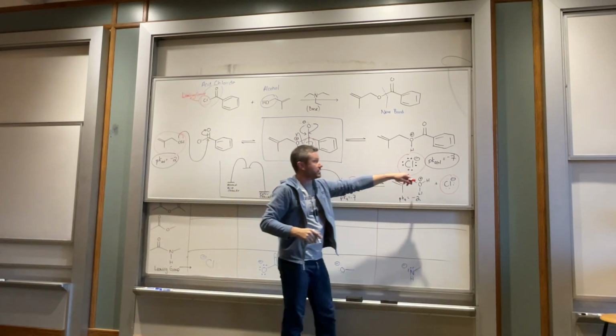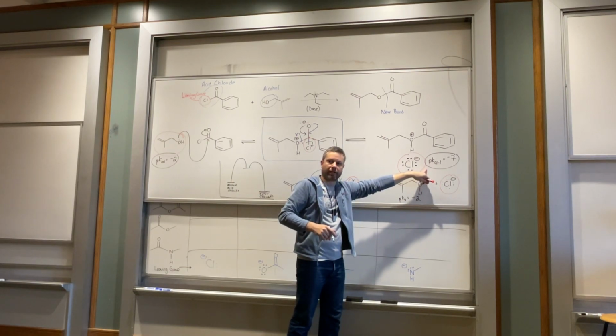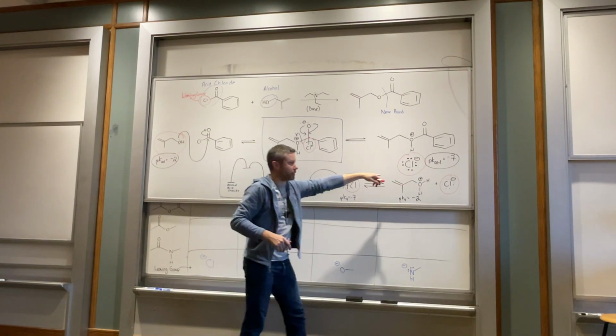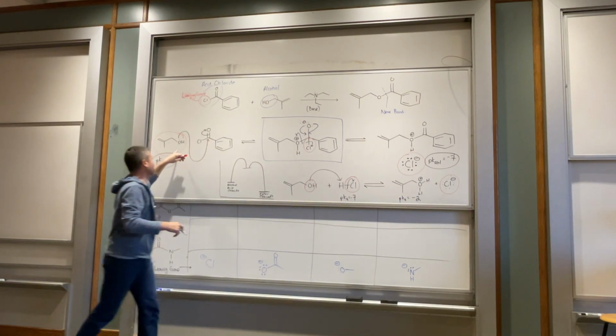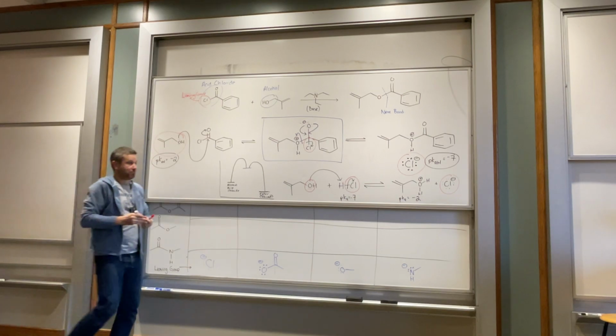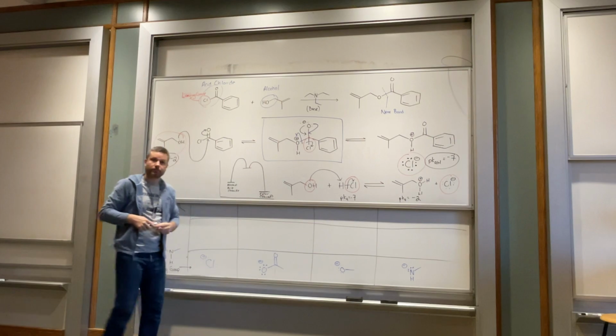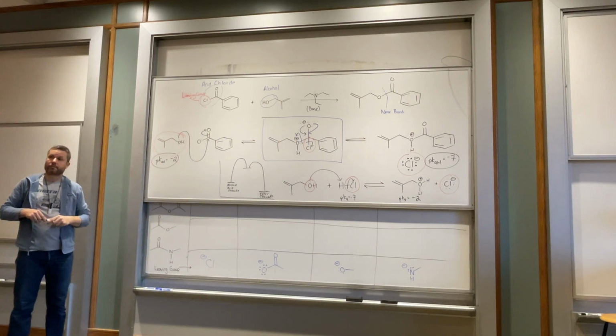This is telling us that the chloride is a more stable anion. The electrons around chloride are more stable than the electrons around the alcohol, just like that same information is given to us in the acid-base chemistry. Questions?